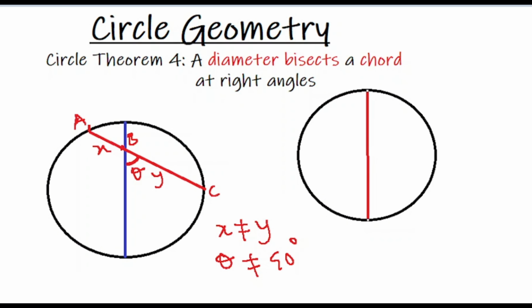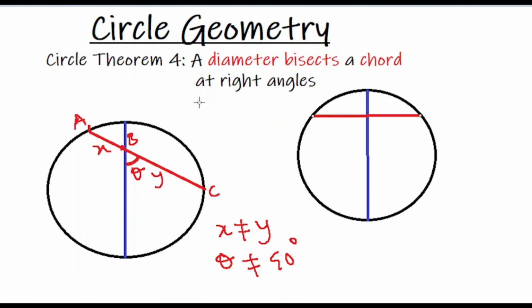Let's use a red line for our chord. Now put our chord up here. Okay, good. Here's our chord. So the red line is our chord. The blue line is our diameter.